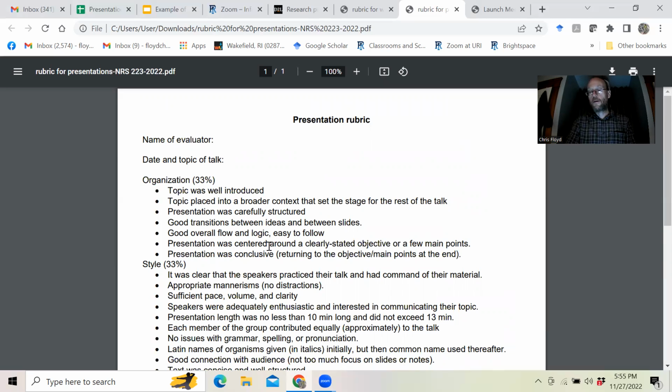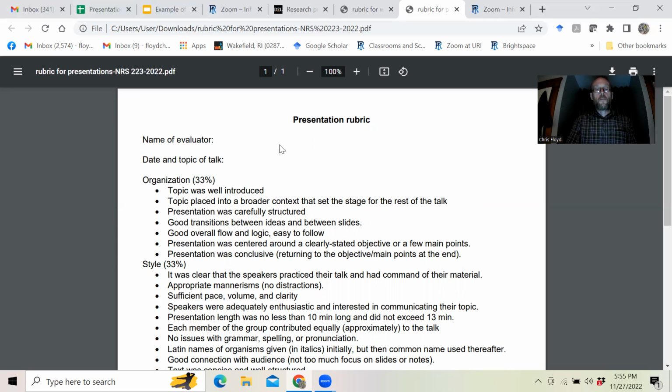But this will be practice. To be good at giving a scientific presentation, you've got to get practice. You've got to start somewhere. So that's what we're going to do. And it'll be good for us in the class to hear about a topic that you have researched.